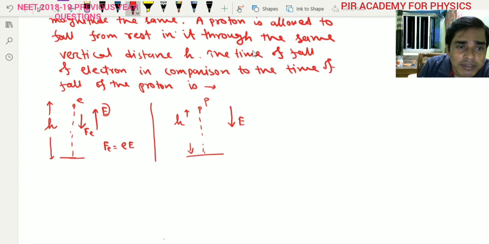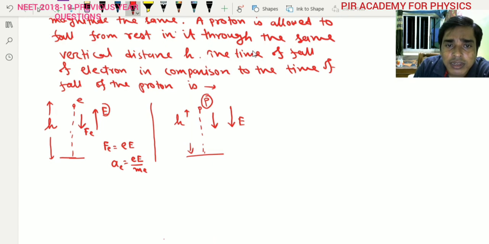Okay, that means the mass into acceleration will be eE by m_e. Suppose you have to calculate the acceleration of the electron. Now the electric force experienced by the proton is along this direction, in the same direction.